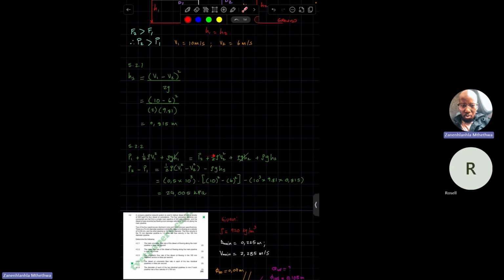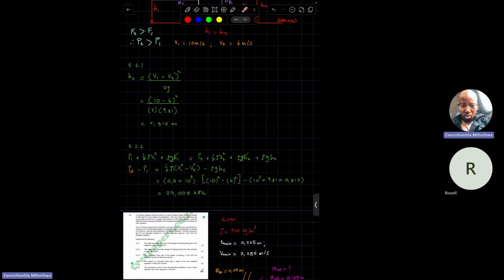After having written our Bernoulli's expression, we then make P2 minus P1 the subject of the formula. To do that, P1 must come on this side, so we get P2 minus P1. You get that part? Yes, I do.